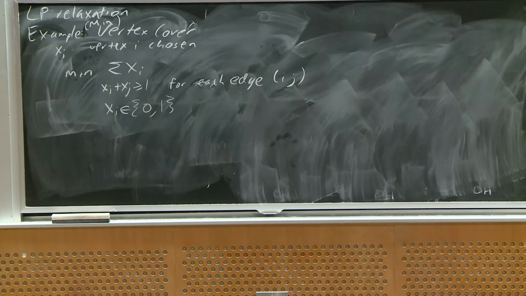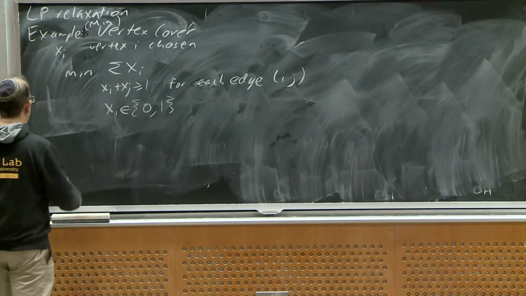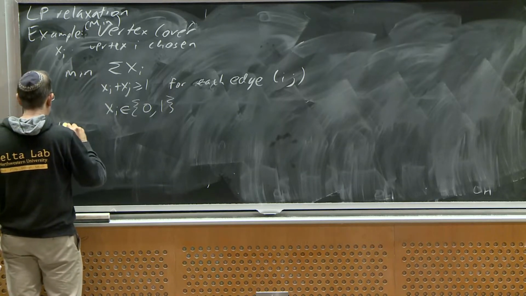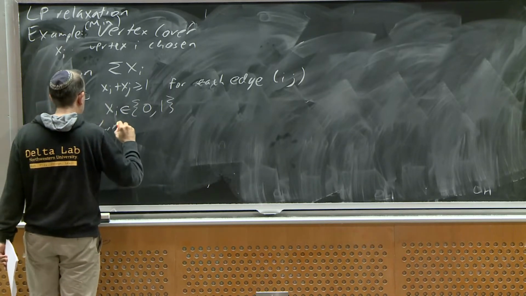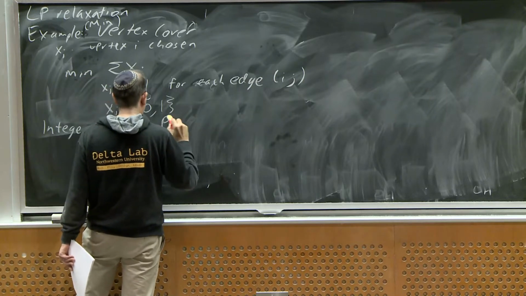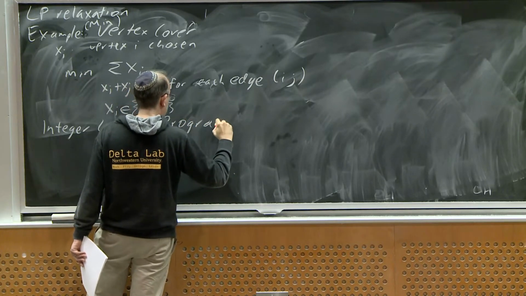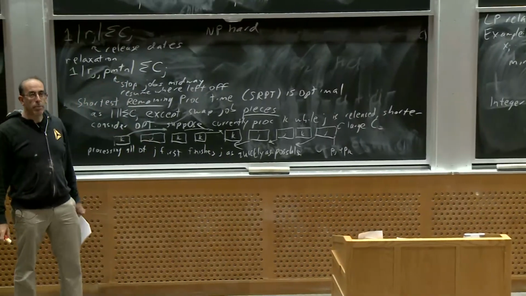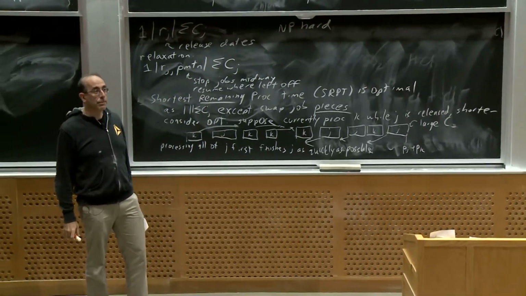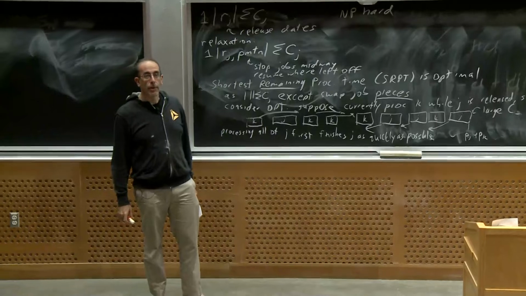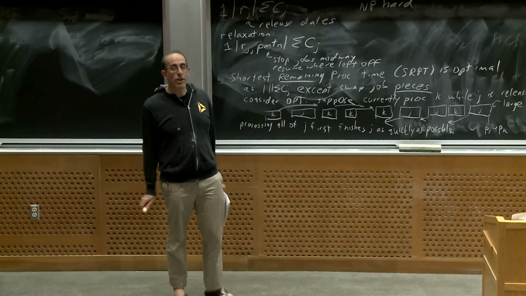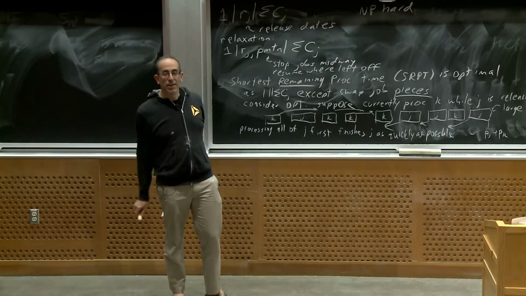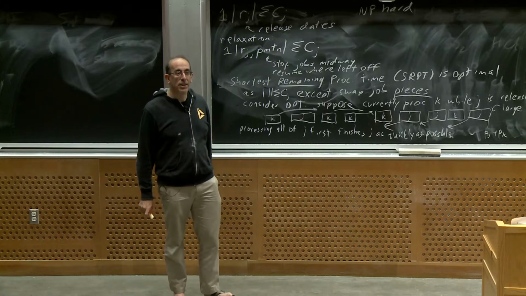And so I have now created what is known as an integer linear program. It's just a linear program with this minor added requirement that the solutions be made up of integers. Okay? Problem solved. We know how to solve linear programs. We're in great shape, right?